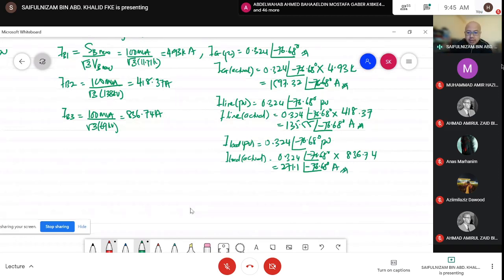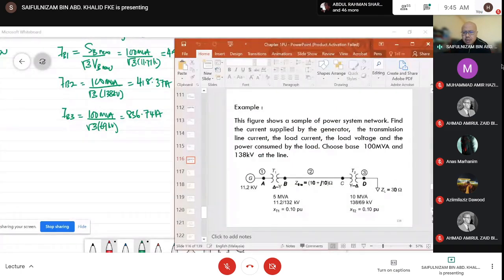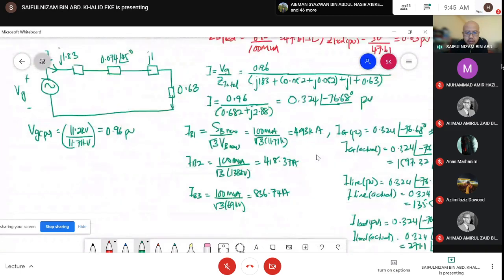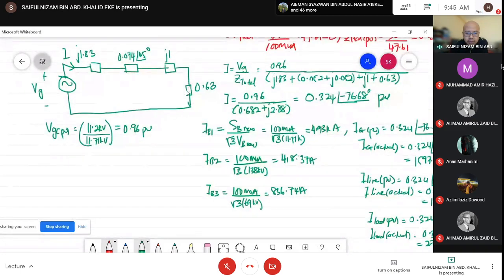So we are done with the current. What else? The load voltage and the power consumed by the load. Okay, load voltage. The voltage across the load from Ohm's law is I times the load impedance.